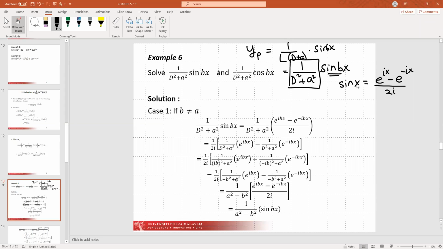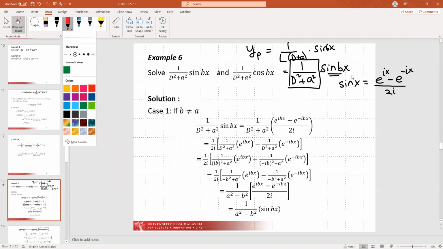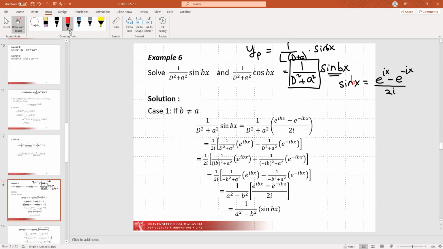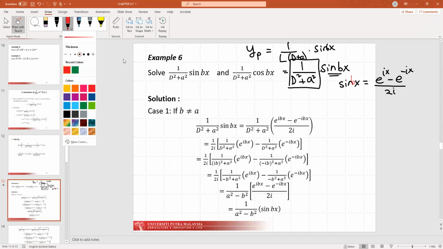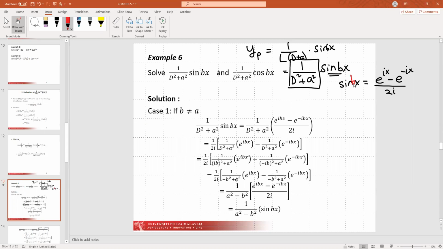So if you have sin of bx, so this is just e to the ibx, and so on. That's why I get this expression.